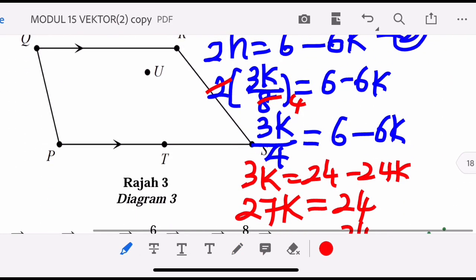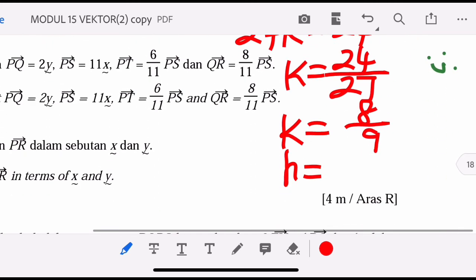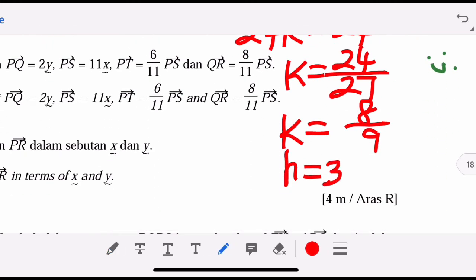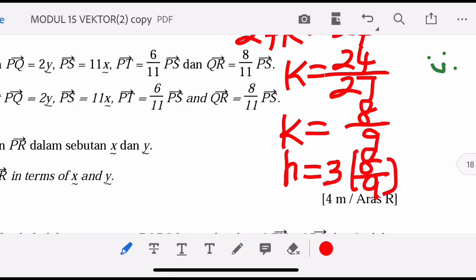Where is our h? 3k over 8. So we will substitute k with 8 over 9, right? Okay, so we'll simplify and then we will get the answer.